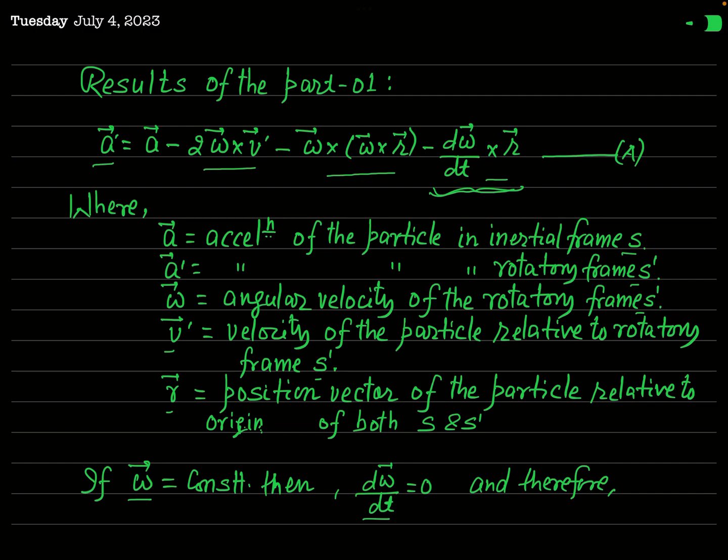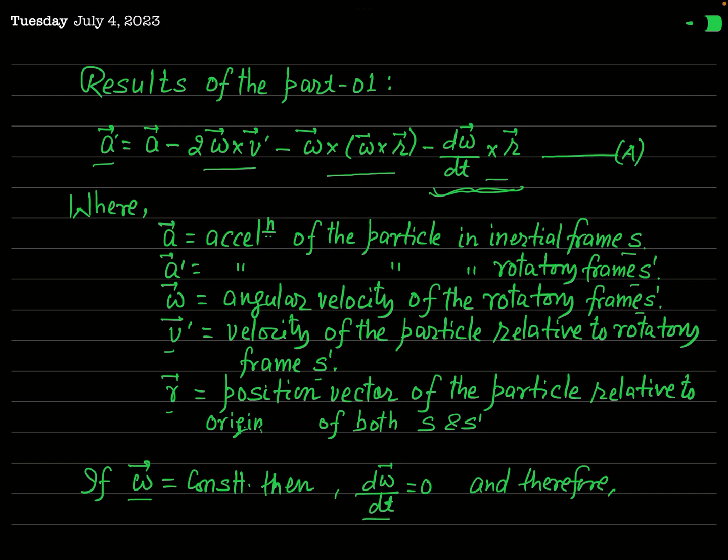Most of the problems which we will see in the forthcoming lectures will be for a reference frame which rotates with constant angular velocity. For example, we will consider the motion of a particle in Earth's rotating frame, and the frame of Earth is a rotating frame, but it rotates with constant angular velocity.